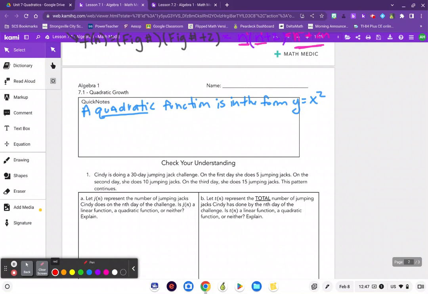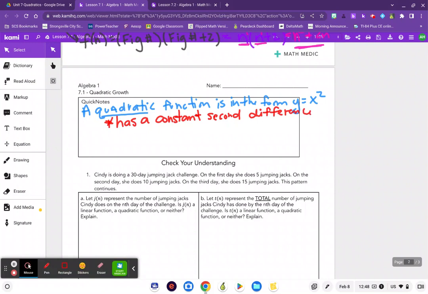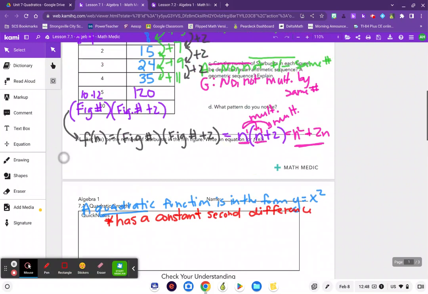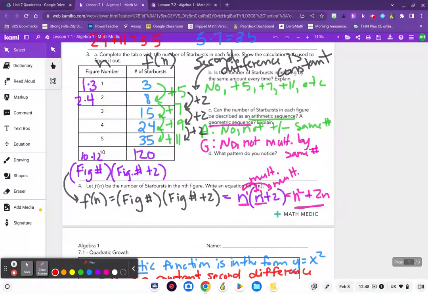There are 3 ways I can identify a quadratic function. The first way is that a quadratic function has a constant second difference. When I say it has a constant second difference, I'm talking about this relationship up here.